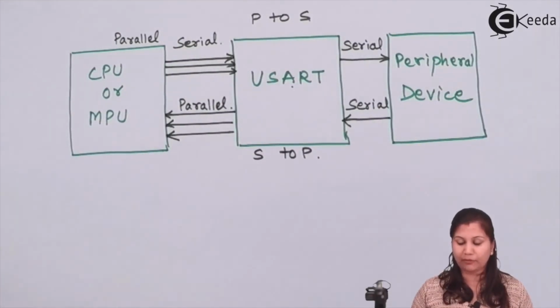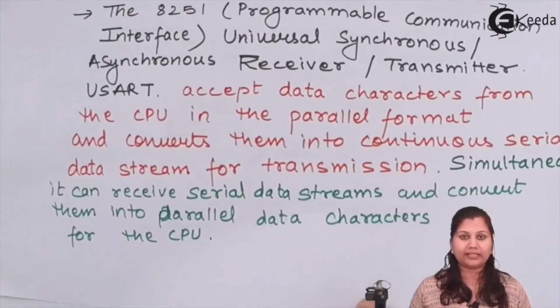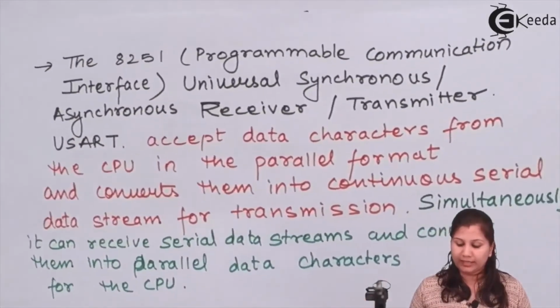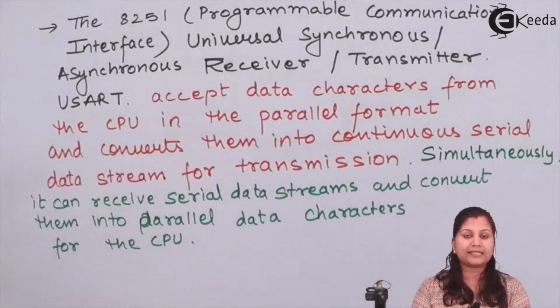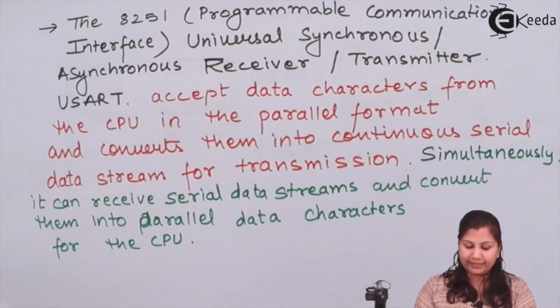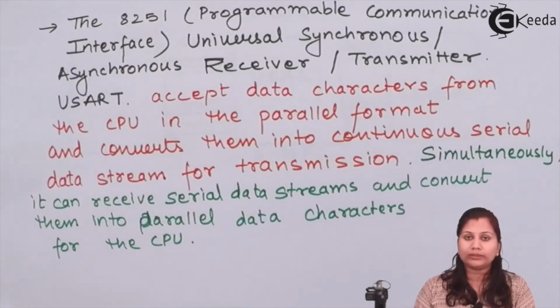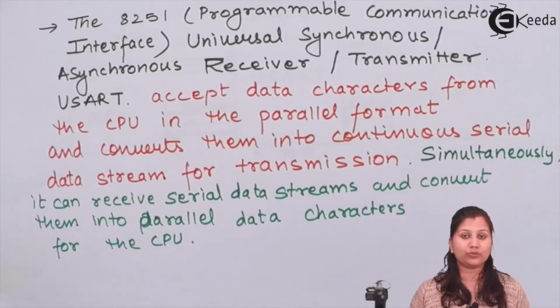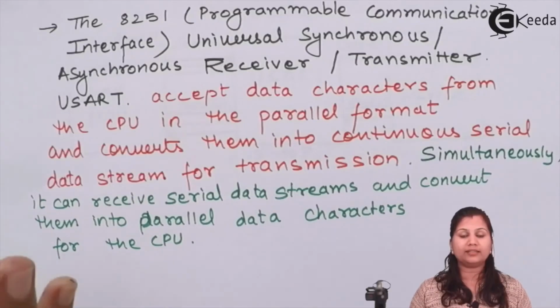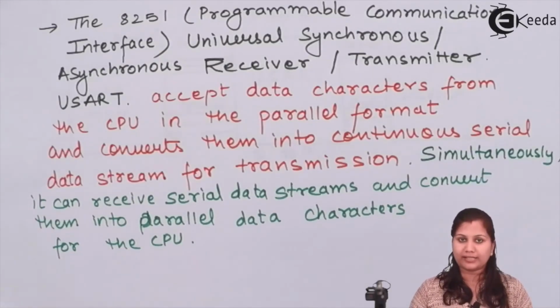So these are some of the features of this USART 8251. Let's summarize these features. It is compatible with all types of microprocessors, 8080, 86, 85, 88, advanced microprocessors also. That is why it is accepted as a universal receiver and transmitter.